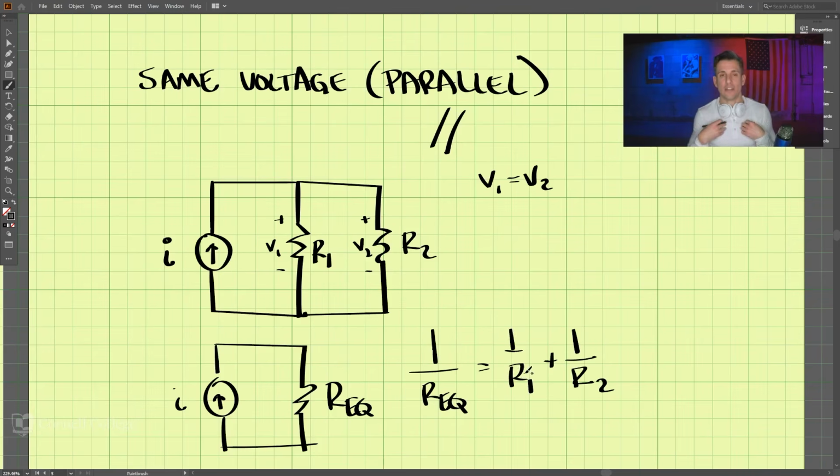Sometimes in English we say 1 over R1. Or 1 divided by R1 plus 1 divided by R2. And this is the equivalent resistance here. This can sometimes be a little difficult because you need to add them up and then take the reciprocal of them.